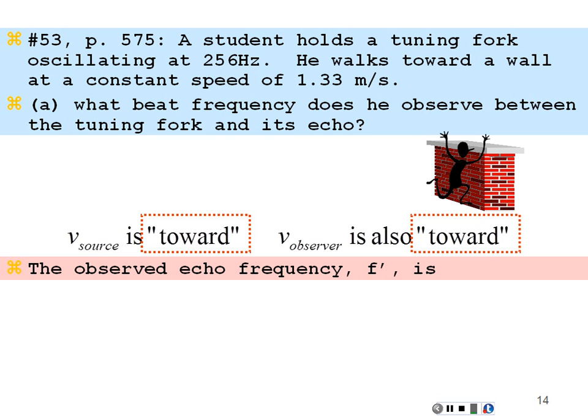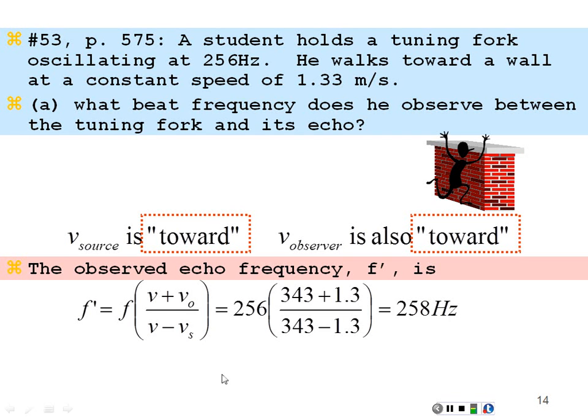So in our Doppler equation, the observed frequency will be equal to the actual frequency times the velocity of sound, and we're going to use the plus sign for the observer moving toward the wall, and we're going to use the minus sign in the denominator for the source moving toward the observer.